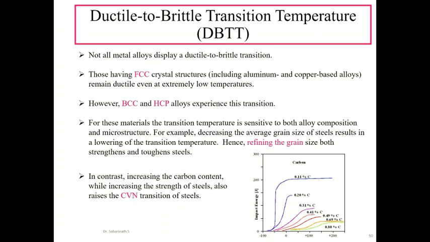In contrast, increasing carbon content, while increasing the strength of steel, also raises the CVN and transition temperature of steels. As the carbon concentration is increased, the ductile to brittle transition temperature increases, and it also increases the brittleness of the steels.